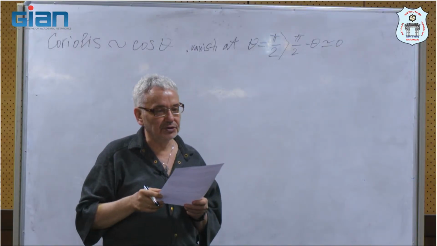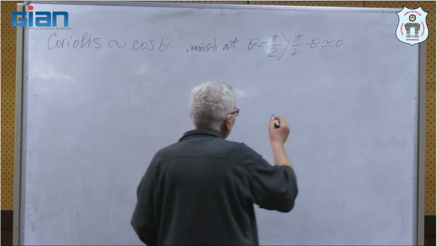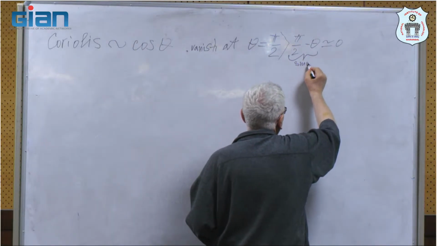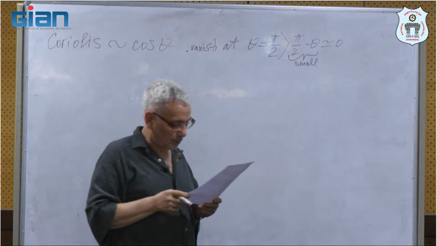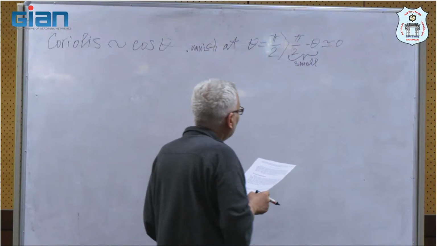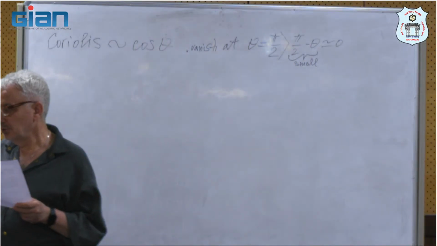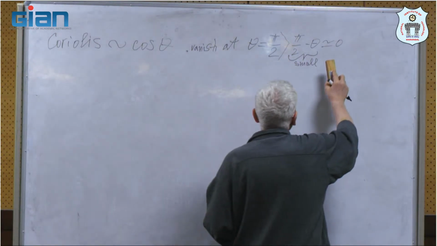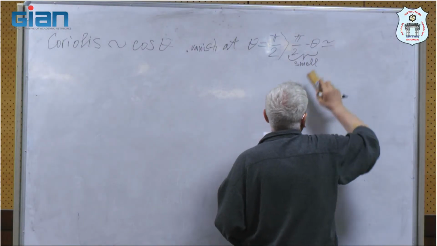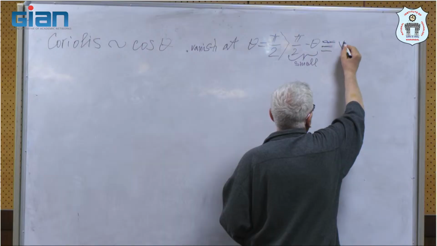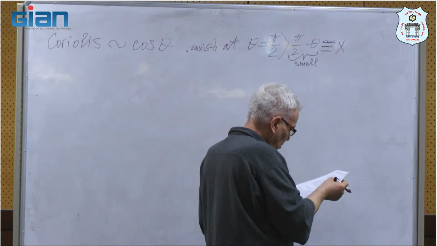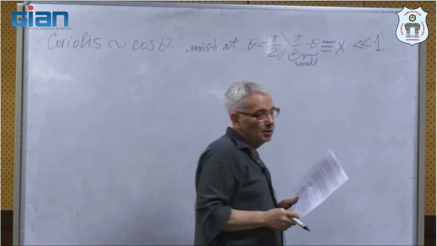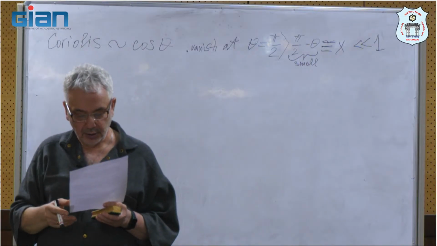This is exactly what comes out for this small value. Or maybe even better to write down this relation, we mark it like x, and in our case it's much less than 1. So we are in this combined boundary and shear layer.